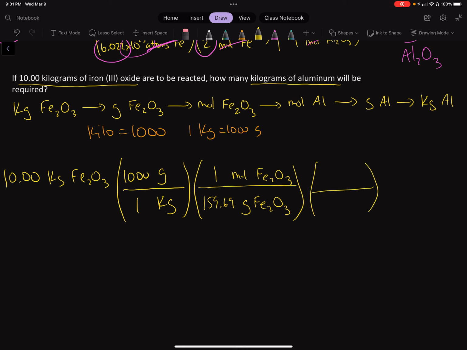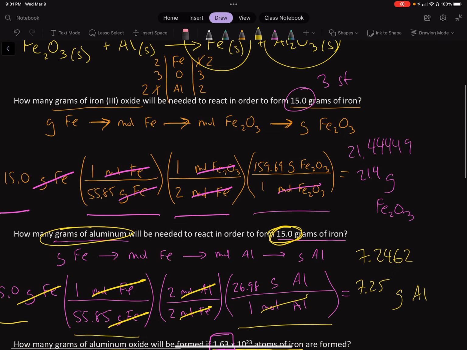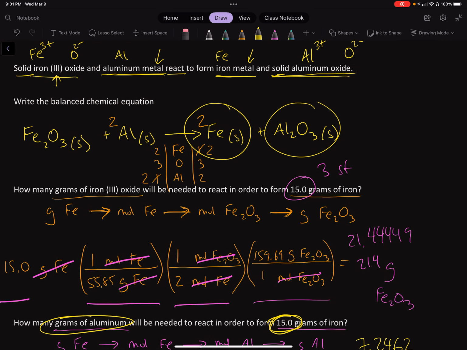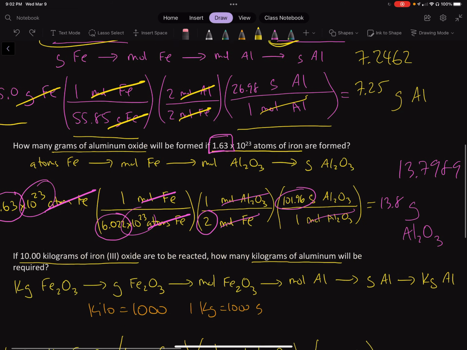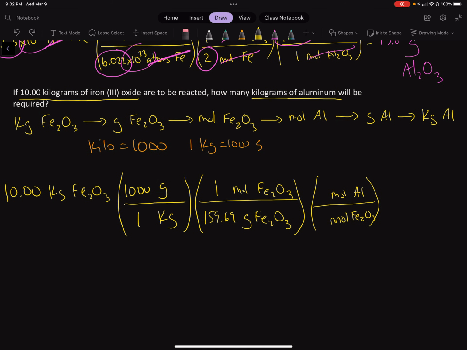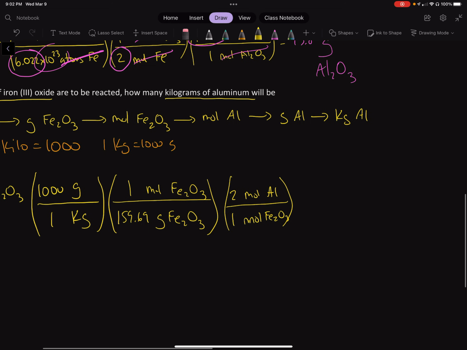So again, we'll use the mole to mole ratio. So moles of iron oxide, moles of aluminum. Okay, so scrolling up, balanced chemical equation. For every 1 mole of iron oxide that reacts, 2 moles of aluminum are also required. So we got a 2 there and a 1 there.